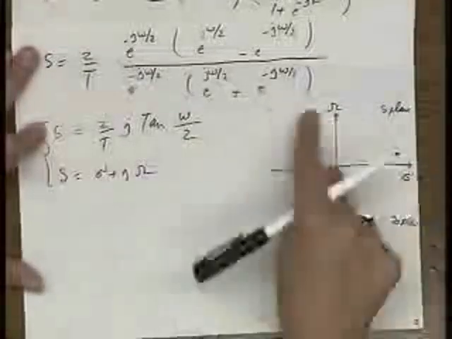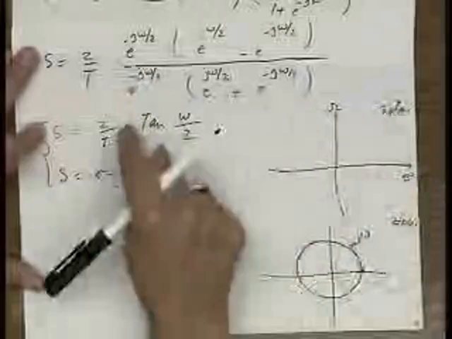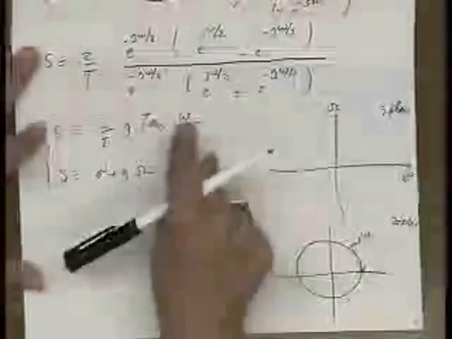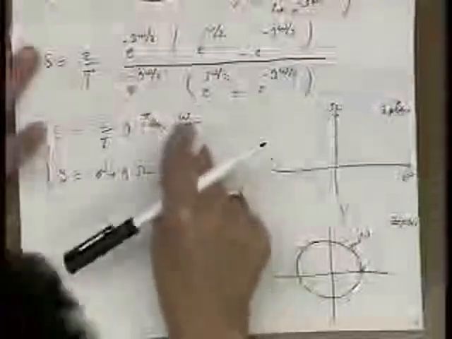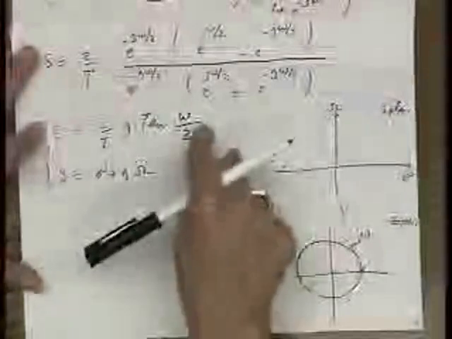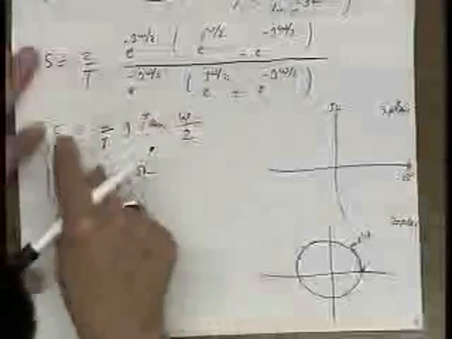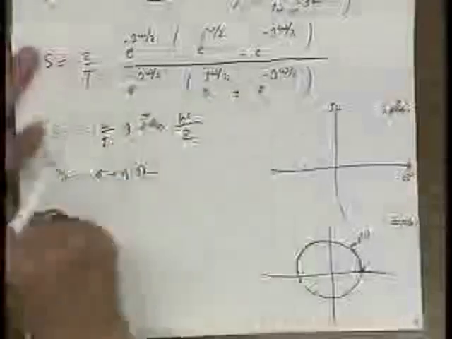Am I going to be all over this plane? No, this is imaginary. Because this thing is purely imaginary, no matter what I do to omega, if it is 0, pi, pi over 2, pi over 6, pi over 8, no matter what omega is, tan omega over 2 is a real number, times j, that's an imaginary number. So s is a purely imaginary value.